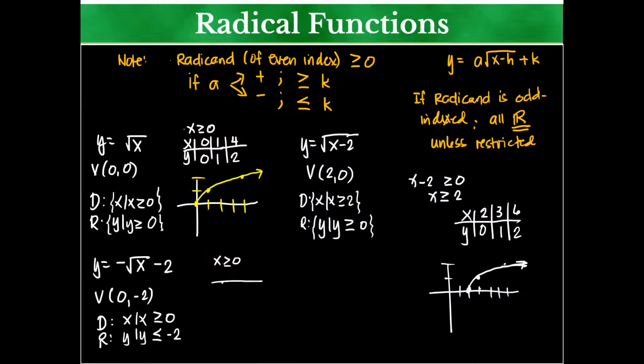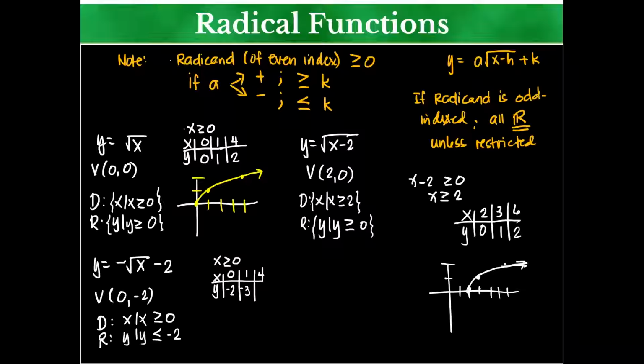So let's try plotting 0, 1. No one's stopping us. Let's just use 4. So square root of 0 is 0, minus 2 is negative 2. 1, square root of 1 is 1, pero may negative. So negative 1 minus 2 is minus 3. 4, it becomes 2 times negative.